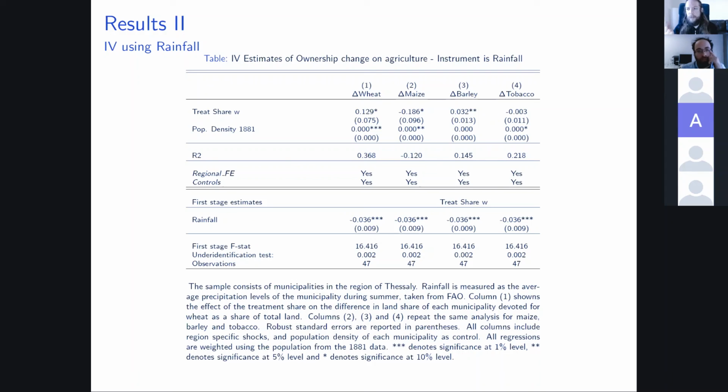So even if you have something from the 70s or the average from 20-30 years, most people have argued that this is a good way of indirectly capturing a parameter which is exogenous. So that's one of the main reasons behind it. The soil quality would be a better instrument, but we don't have the ability, as I said, to create this for the municipality level in Greece.